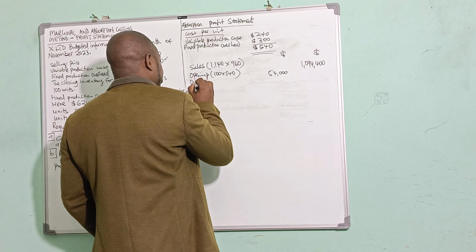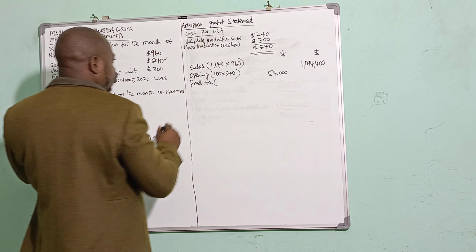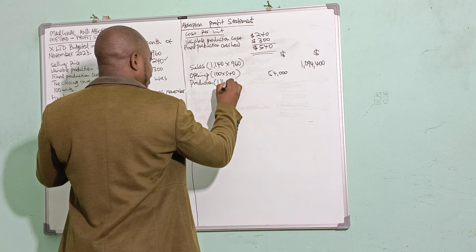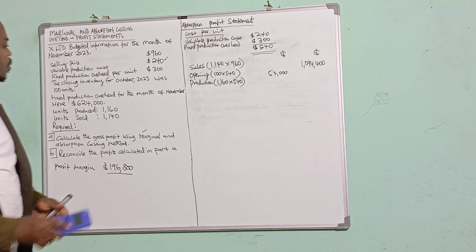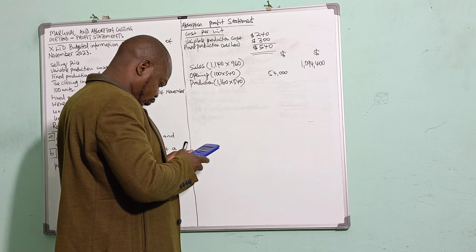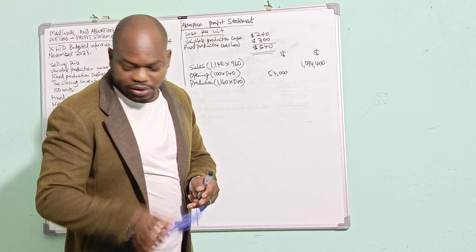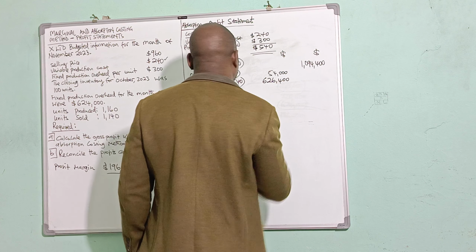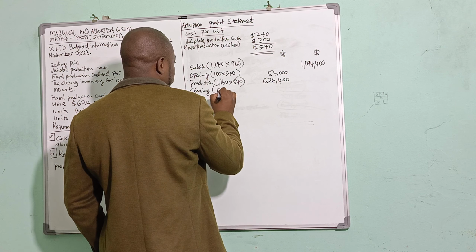And then production or purchases. Production, we produced 1,160 at 540. $626,400. Closing inventory, we said closing inventory is 120.